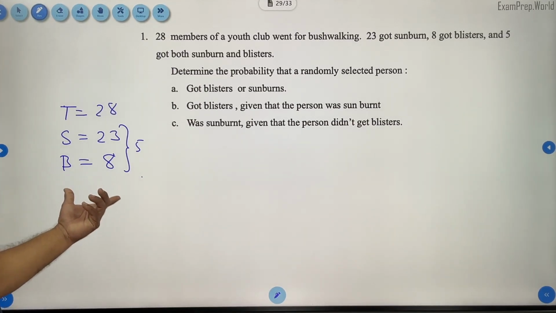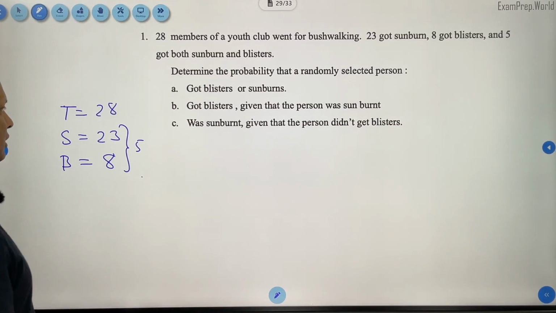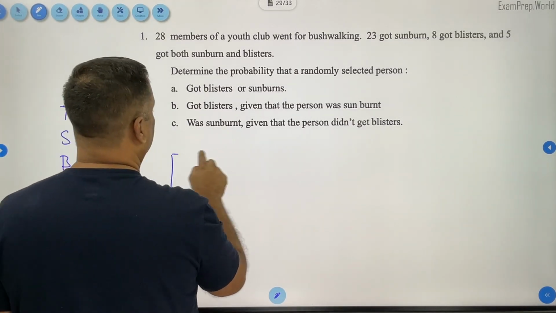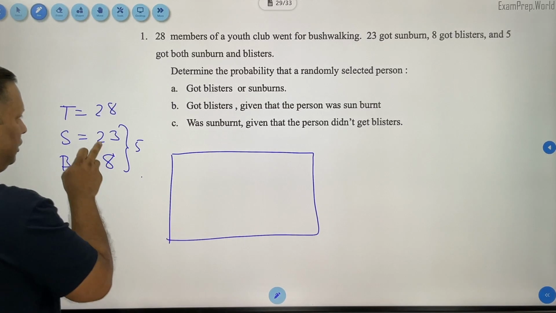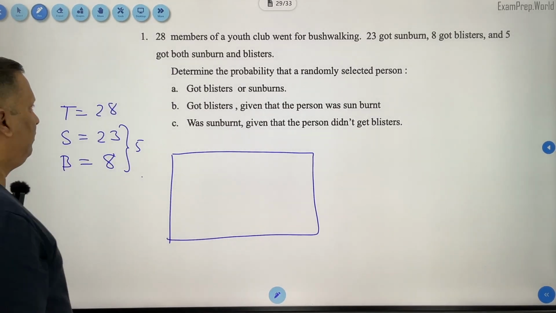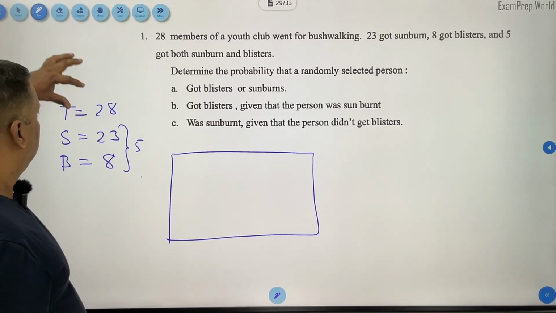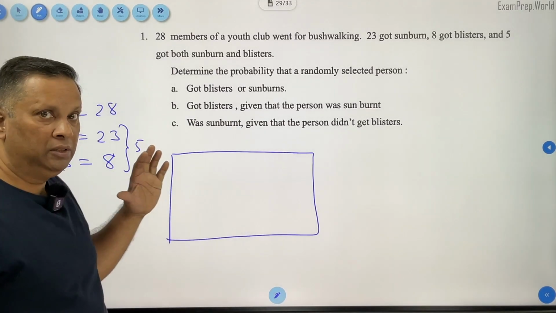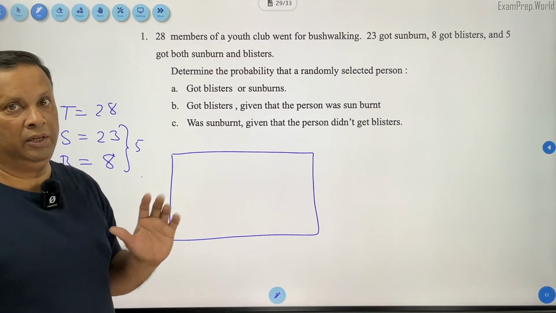So first let us draw the Venn diagram so that we can answer these questions perfectly. 23 plus 8 is 31. Total is 28. That means there are some kids who didn't get sunburn or blister.